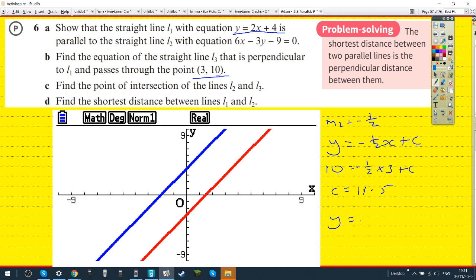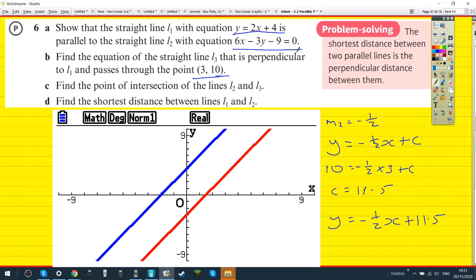So that is y equals minus a half x plus 11.5. I think that would work. Then we'd have to find out where those two cross over. Where does that cross over with this one?